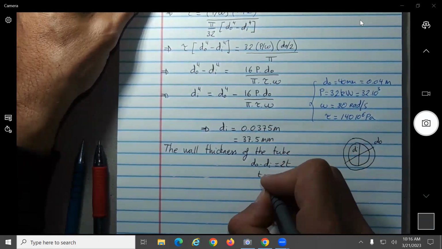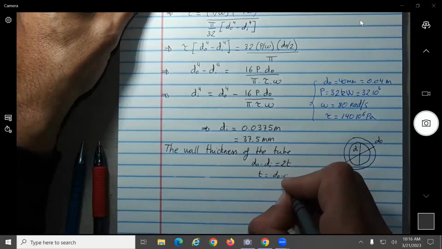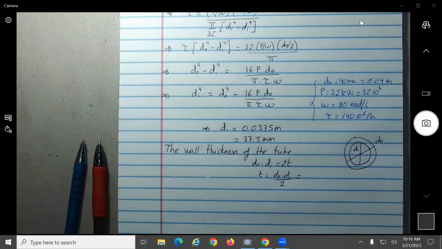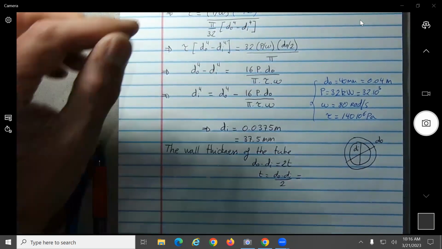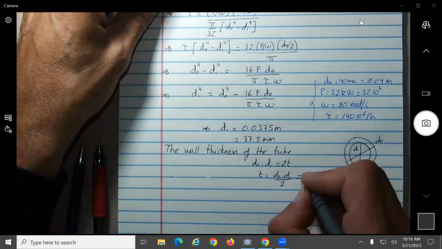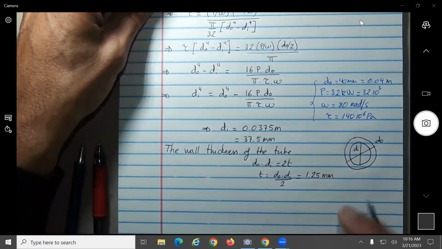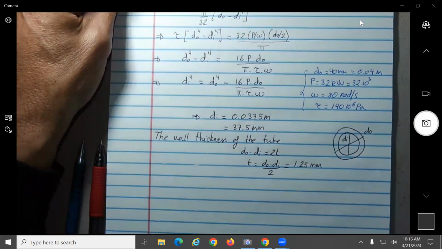So basically, t will be the outside minus the inside divided by 2, which gives you a wall thickness of 1.25 millimeters.